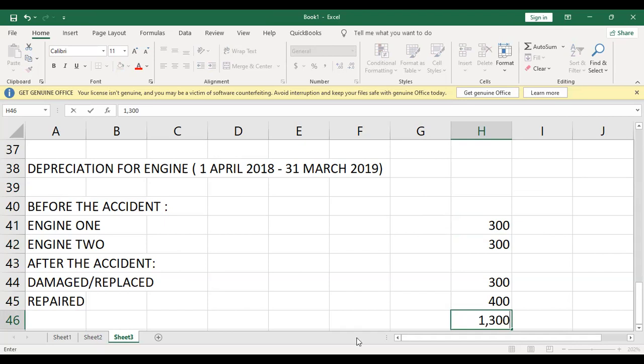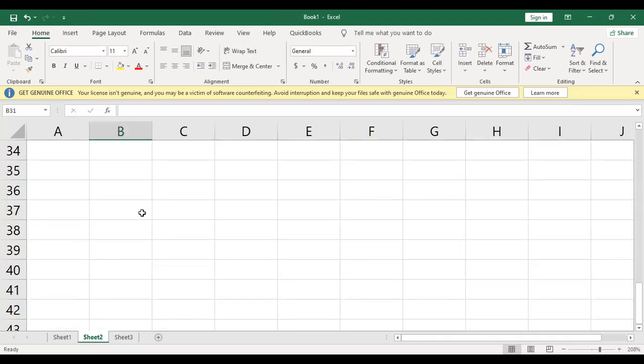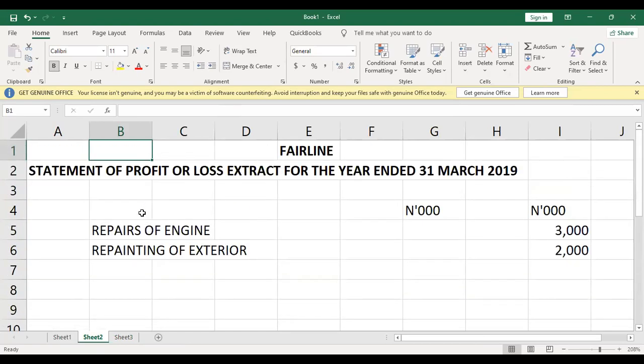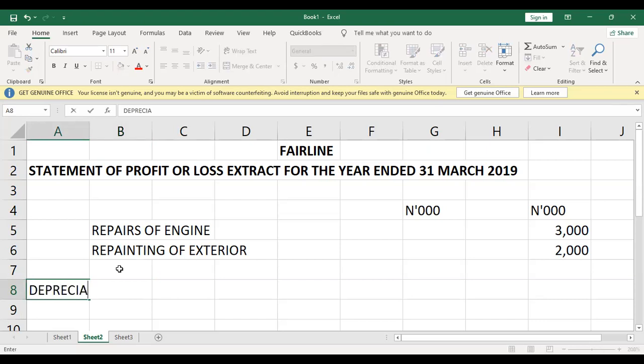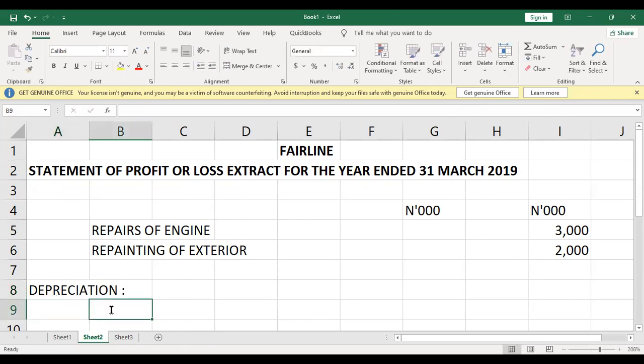So we're going to go back to our profit or loss account. Depreciation.